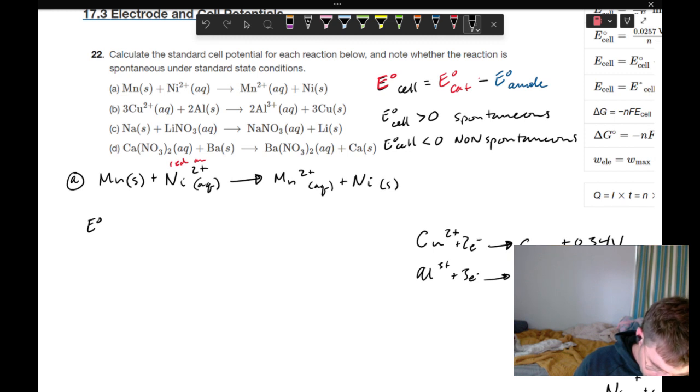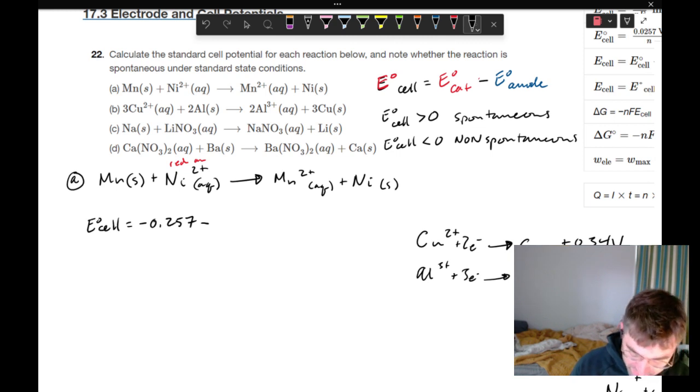So our E naught cell equals that tabulated value for nickel. And I totally pulled over the wrong tabulated value. Okay, ignore that. That's for the next problem. The appropriate value here is negative 0.257. This is always in volts.